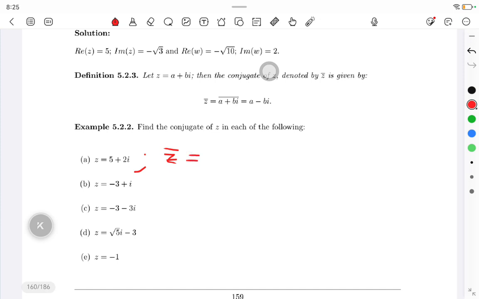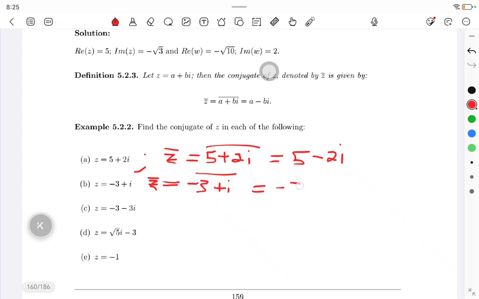Then the conjugate of Z is just going to be minus 3 plus I, which will be minus 3 minus I. And minus 3i is just going to be minus 3 plus 3i.